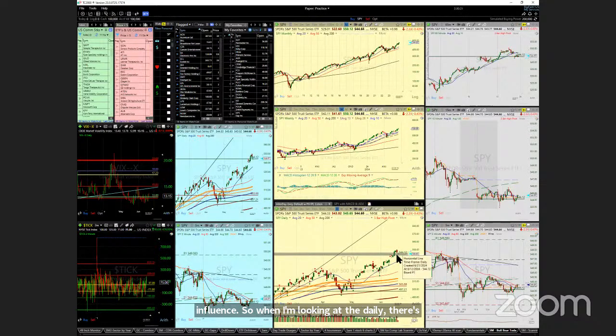If this comes to test this minor support and turns, we could get, call it what you want, it going up, but we could also get a 20-day test. Those are all like we're sort of in no confidence land right now.